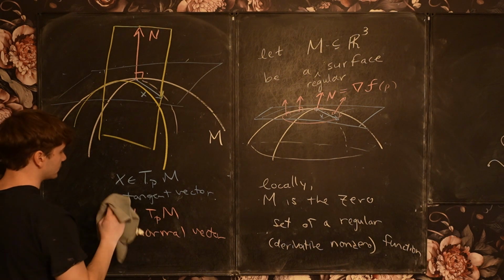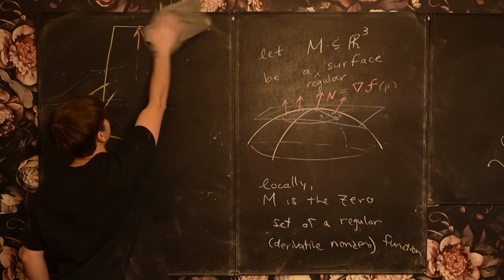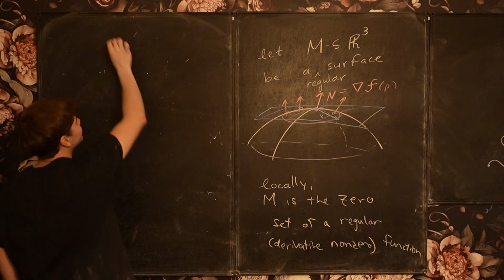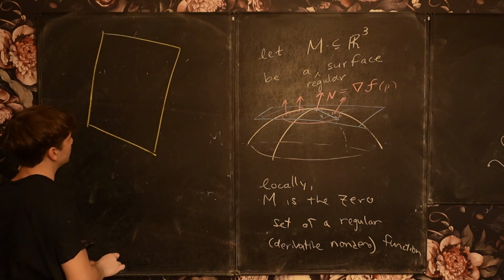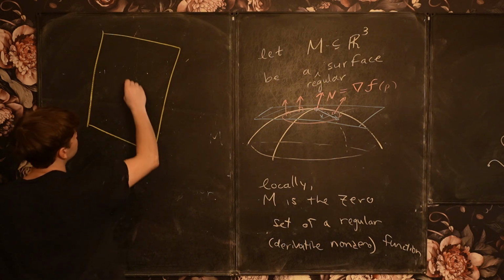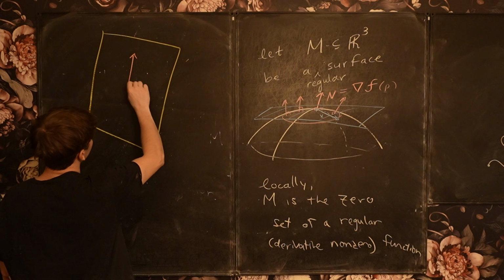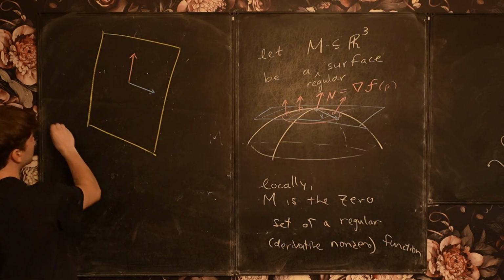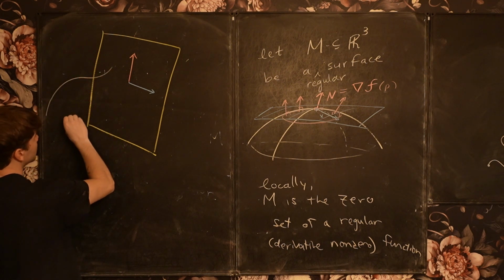Alright, so let me attempt to draw this one more time, because I want to get a good picture. Okay, so let me draw the plane first. Okay, and then let's say I have this normal vector here, and I've chosen my tangent vector to be here, and then, let's see, I have my surface.